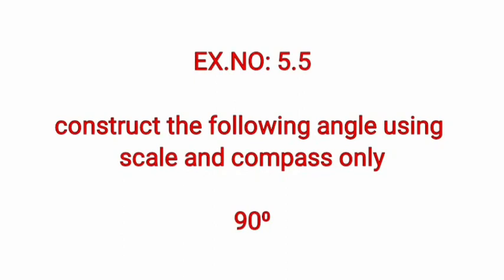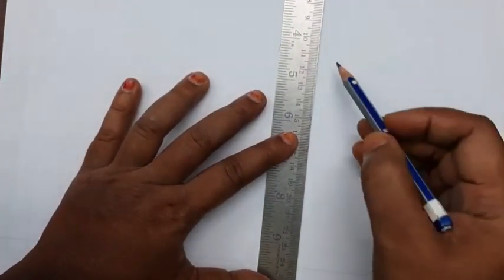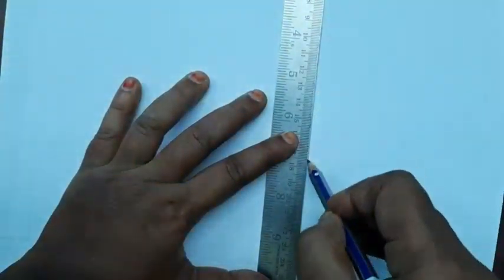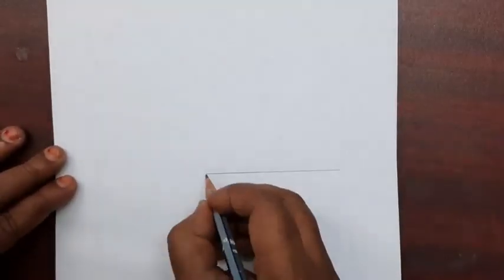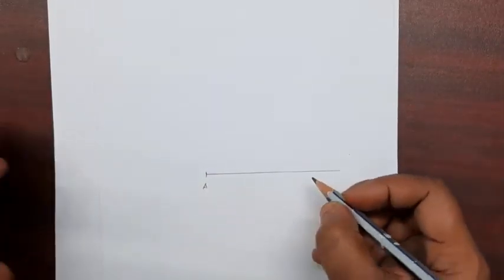Next, in exercise number 5.5, we are going to construct the following angle using scale and compass only. Here we are going to construct 90 degrees. For constructing 90 degrees, first we have to draw a line segment of any measurement and mark a point A on it.